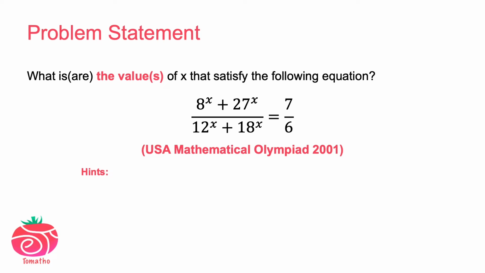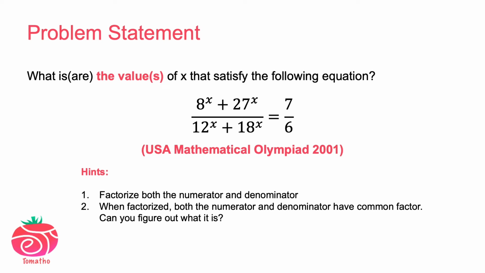Here are some hints for this question. As usual, the hints are progressive and the latter hints are closer to the actual answer. Feel free to pause the video at any time if you found inspiration from it. So, the first hint: factorize both the numerator and denominator.